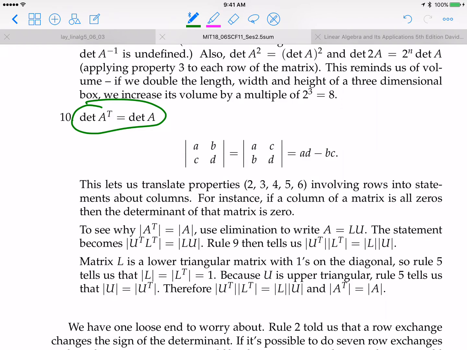In order to prove this, we first imagine matrix A is decomposed into L times U as an LU transformation.